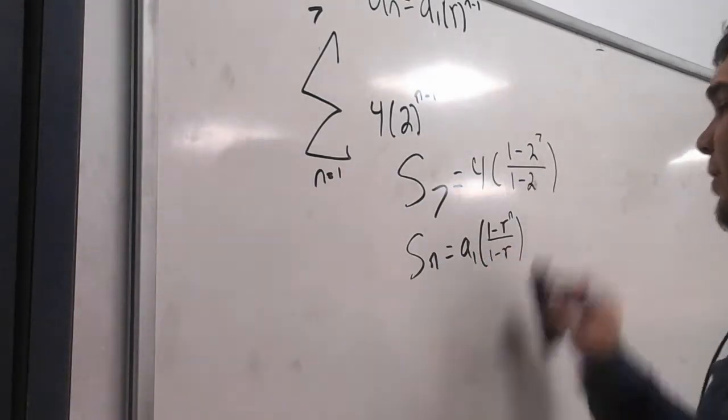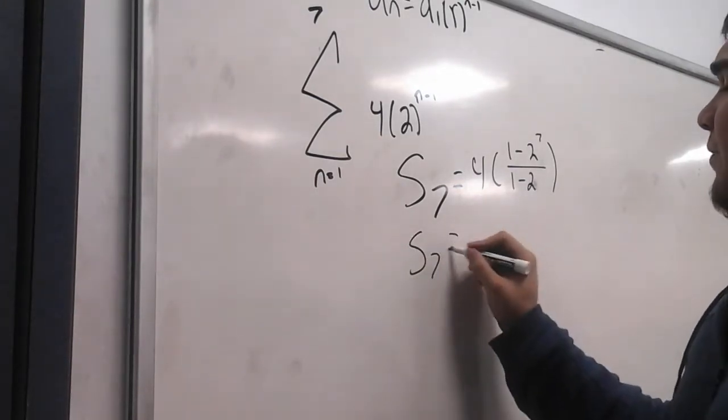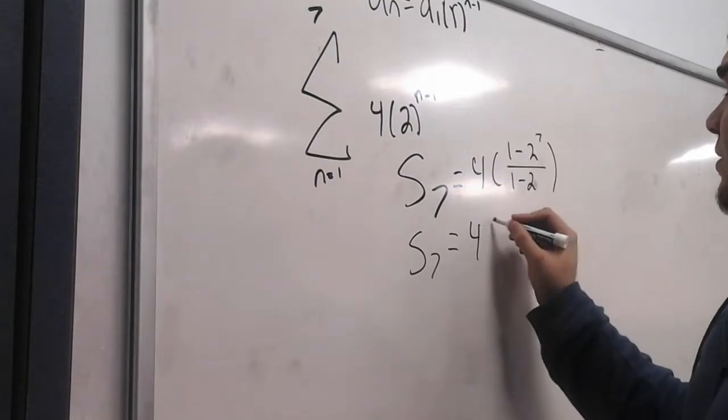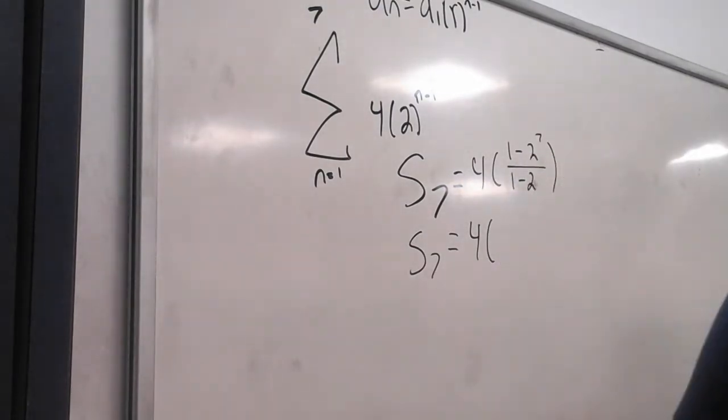Well, I'm going to continue on with this. That's going to give me the sum of 7 terms. It's 4 times (1 minus 2 to the 7th power). 2 to the 7th power is going to be 128.